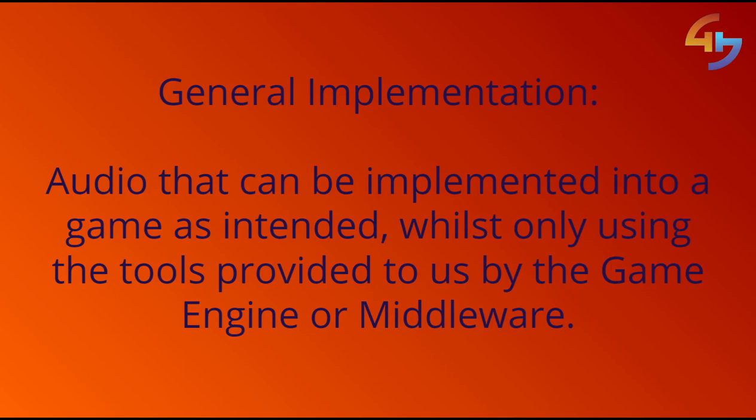As mentioned earlier, all of the audio we've implemented so far can be considered general, as we've only used code we've written ourselves in order to listen back to them at runtime and make them change dynamically to suit the game. For example, we implemented the sounds of the power-up objects without us needing to know how they provide a boost in power to the tank's fired shells. We did use its trigger area for our sounds, however, as Collider components are provided to us inside Unity's editor, we can still consider this general implementation.